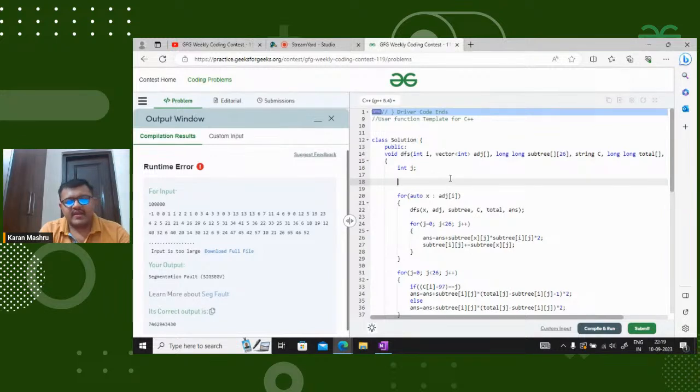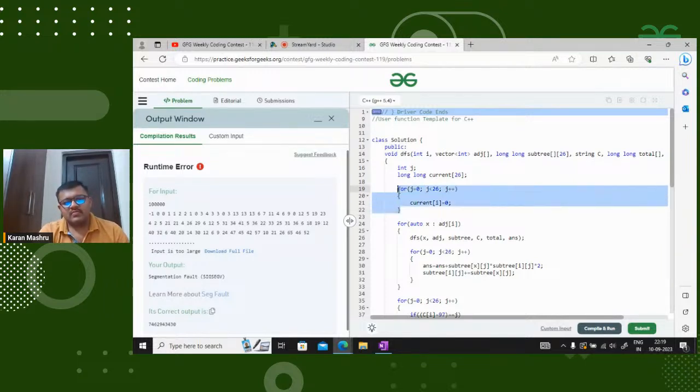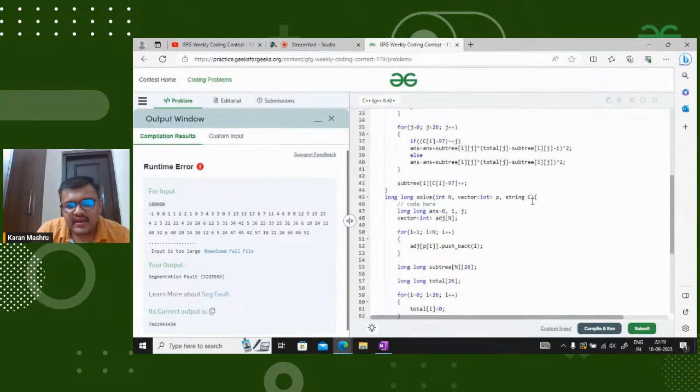So if we take one array, let's say current, it will keep the count of the current array. So can we do one thing? We can take one array child of 26 and one as current.